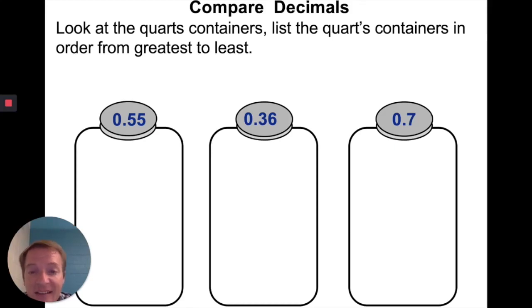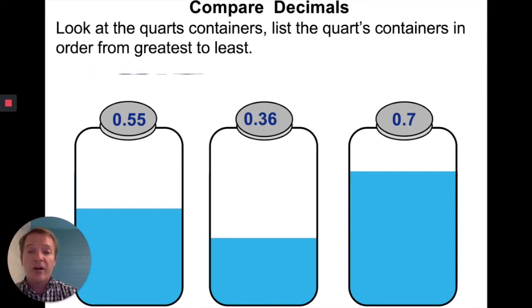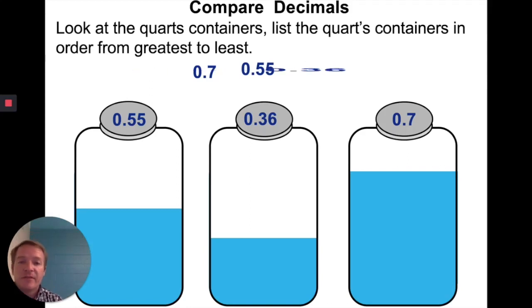And then last, that leaves 0.36 or 36 hundredths. Because if I fill them up, you can kind of see the difference in how they're going to work. So 0.7, 0.55, 0.36. 7/10, 55 hundredths, 36 hundredths.